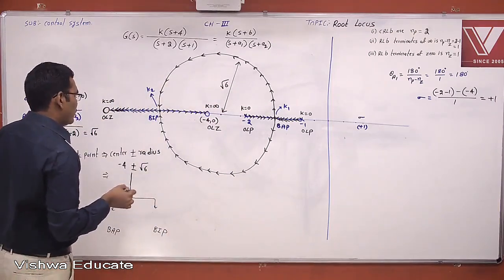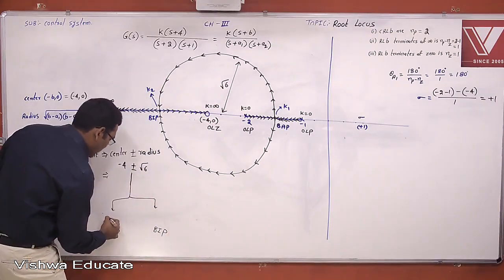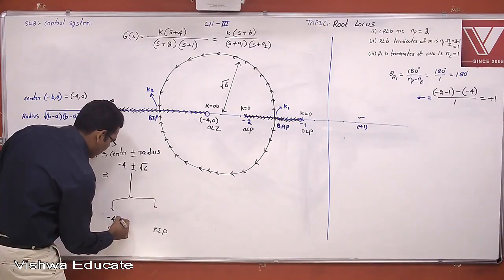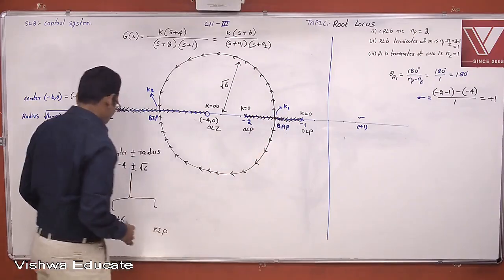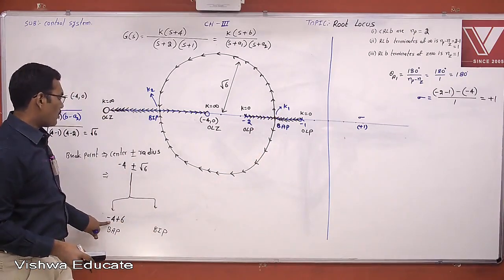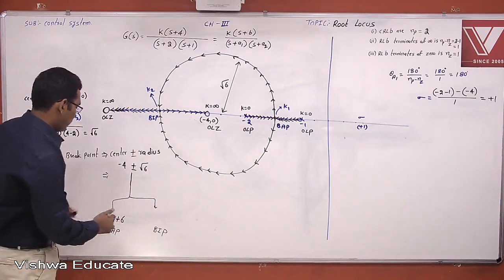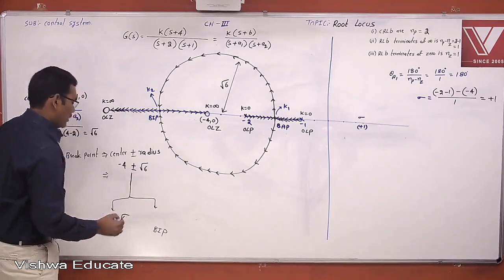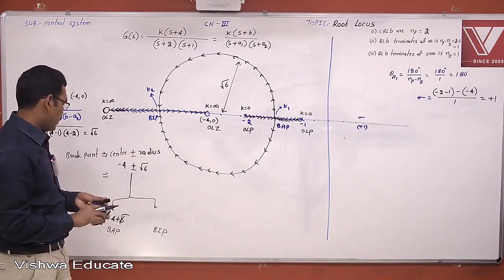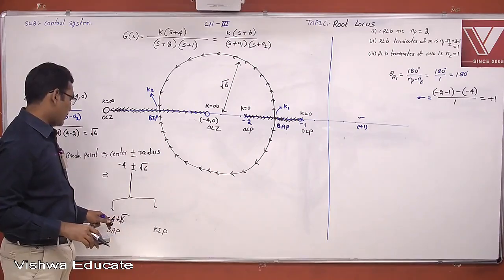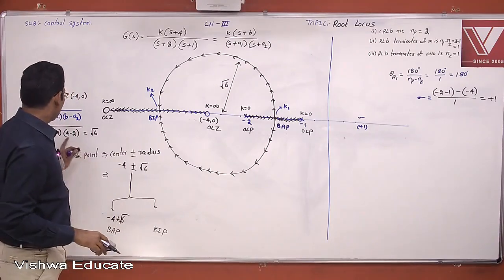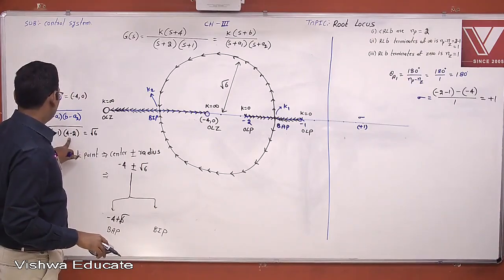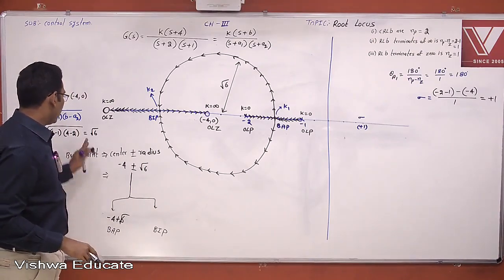Now minus 4 plus root 6 is around minus 2 point something. Minus 4 plus root 6, which is minus 4 plus the square root of 2 into 3, root 6.